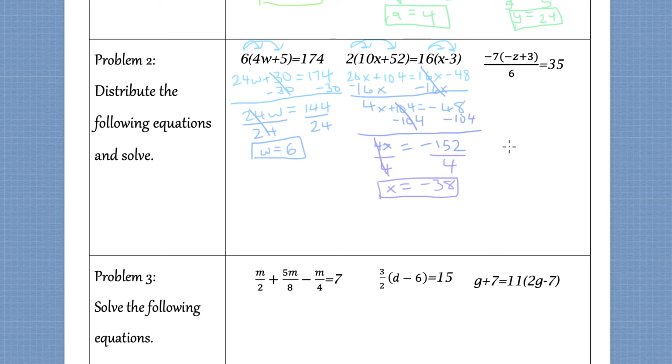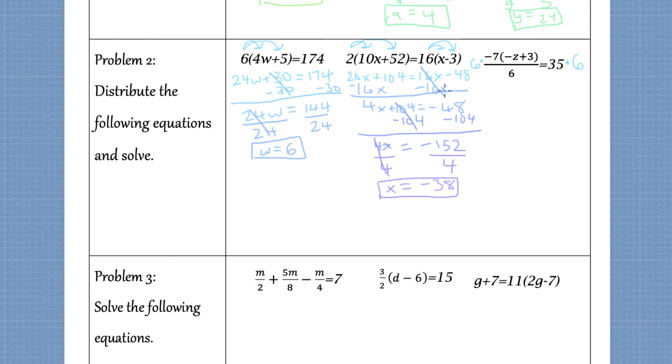This next one looks a little bit weird because on the left side it has a 6 dividing this whole top term over here. To make this easier on us, we want to get rid of this 6 that's dividing the top terms. To do that, we're going to multiply both sides by 6. We multiply this side by 6, and we multiply this side by 6.